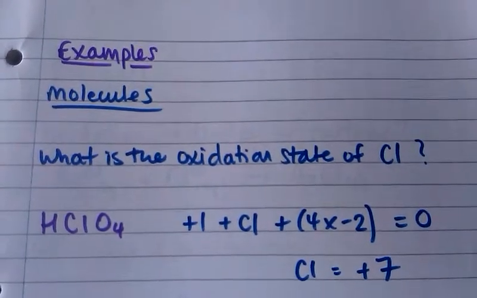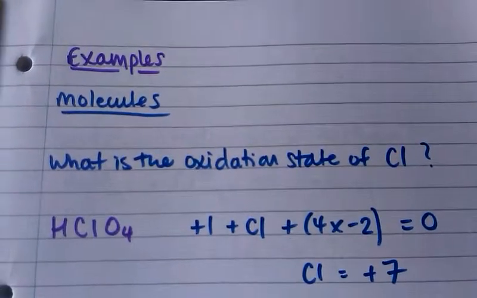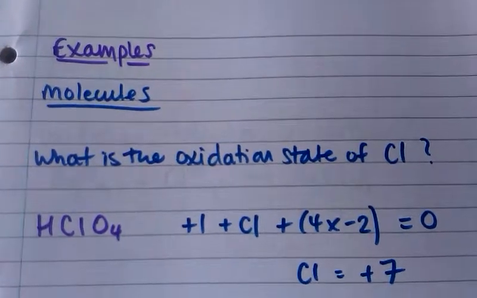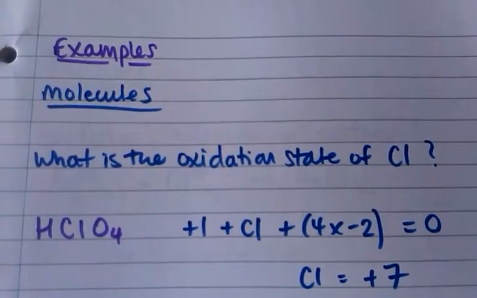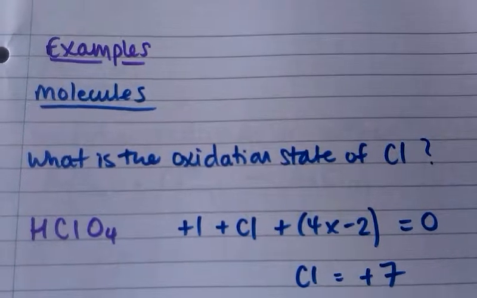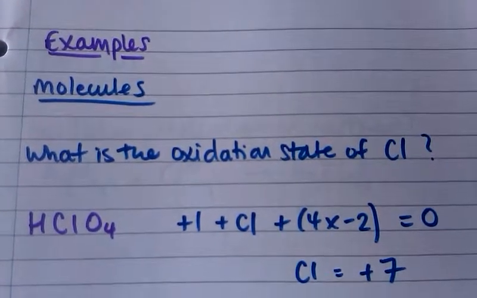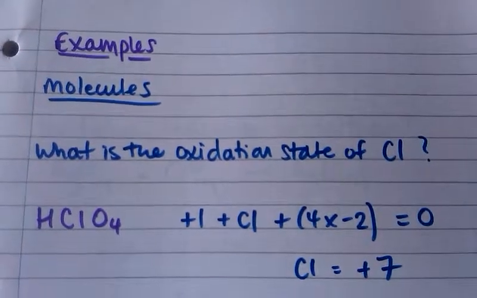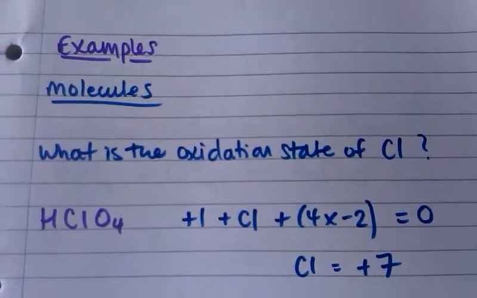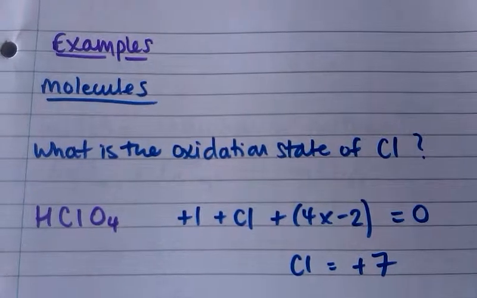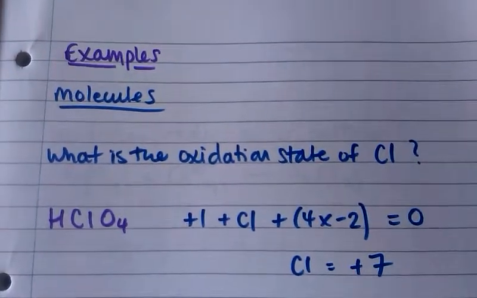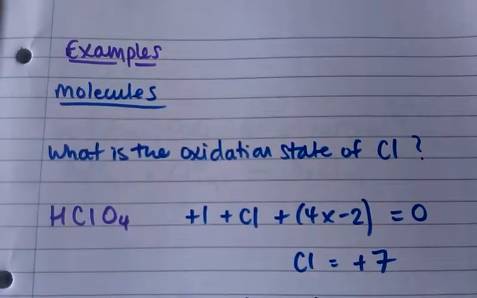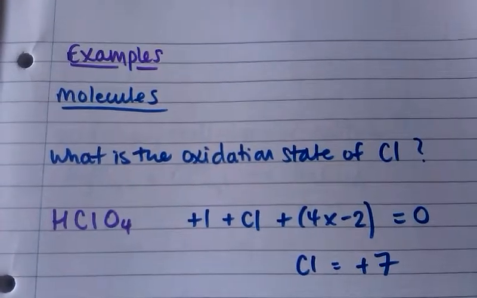We want to work out what the oxidation state of chlorine is, and we know that the oxidation state of oxygen is -2, and there were 4 of them. So +1 -8 equals 0, because the sum of all the oxidation states are equal to 0. So +1 -8 is equal to 0, so the oxidation state of chlorine must equal +7.